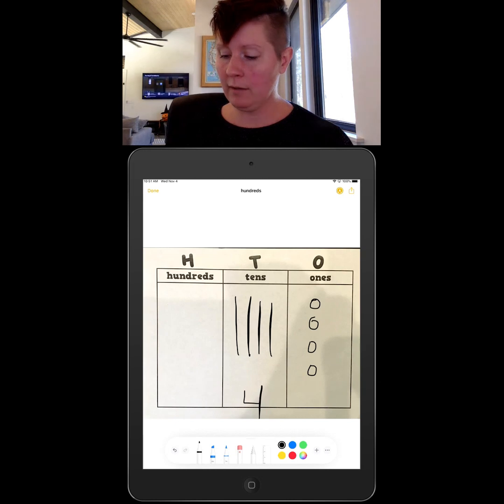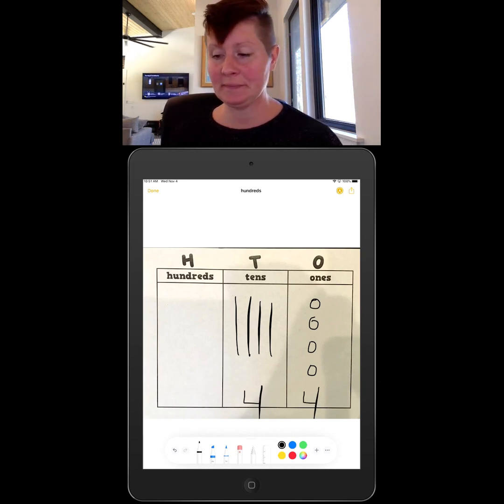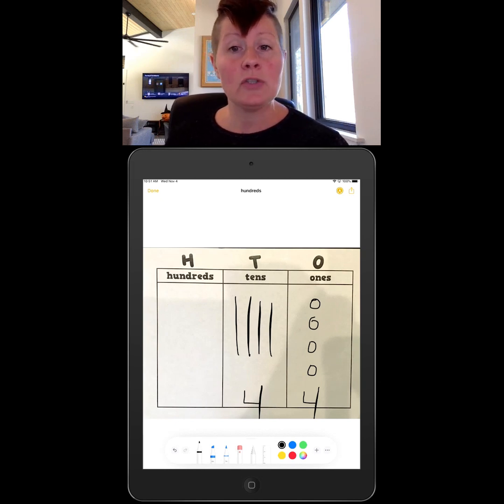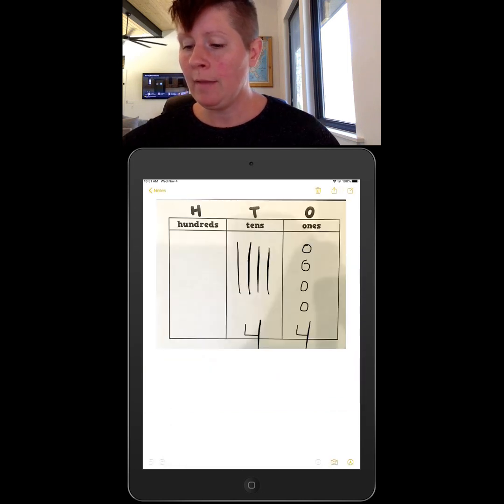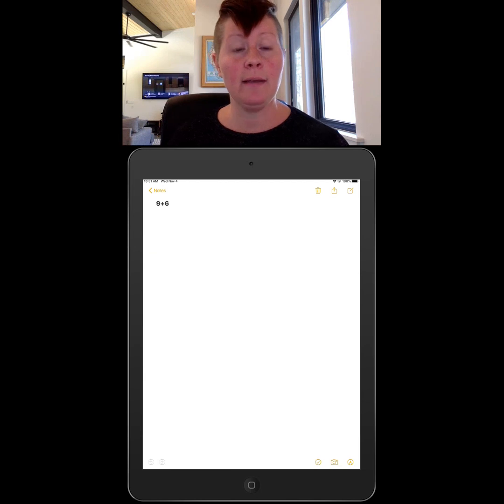If you said 44, you're correct. So place value chart, I want you to start using that and drawing your numbers out with your quick tens and ones.